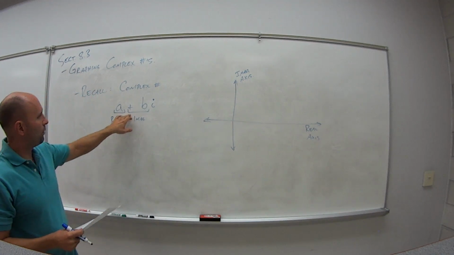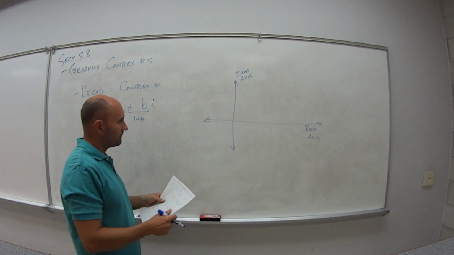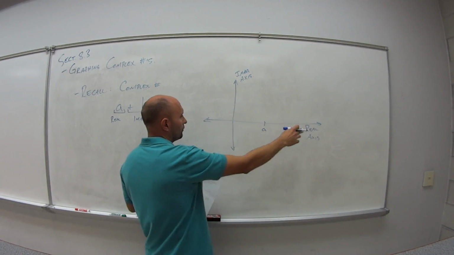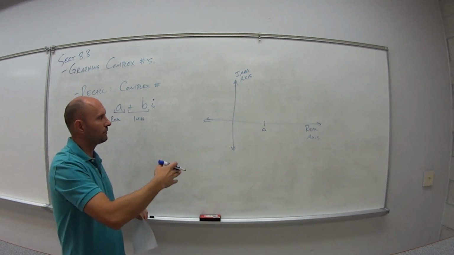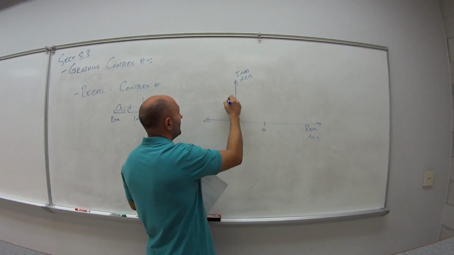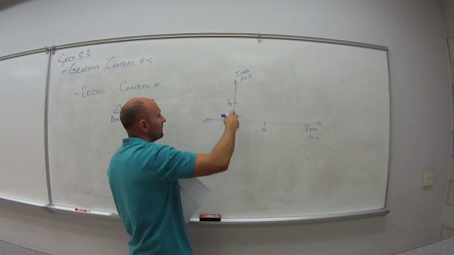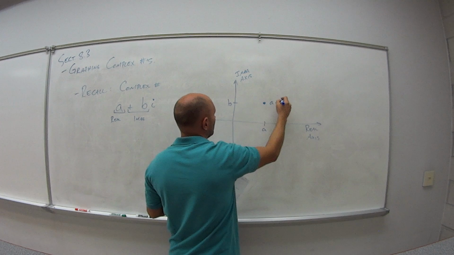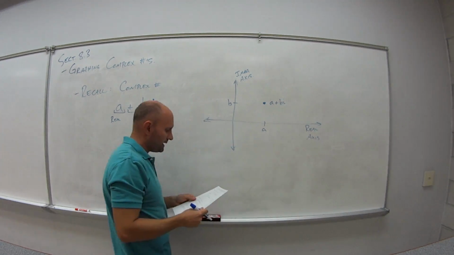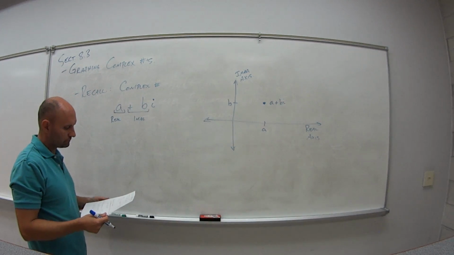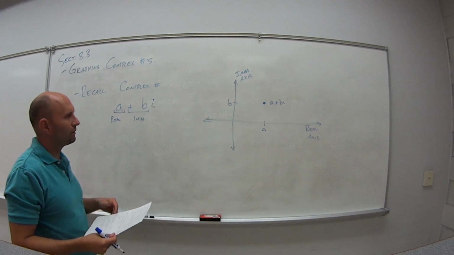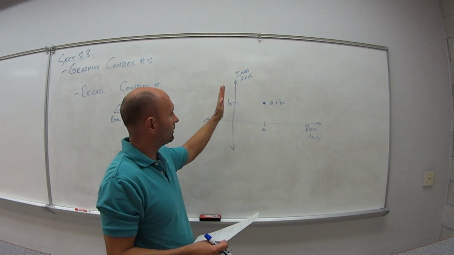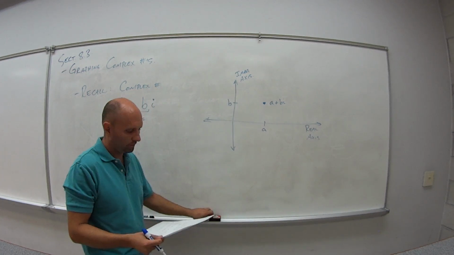So if I have this point A plus Bi, that means I come A units along the real axis, could be plus or minus, and then B units up the imaginary axis. So the point would be here, and it would have coordinates A plus Bi. So it's still similar to graphing X and Y, it's just now we have our real axis and our imaginary axis.